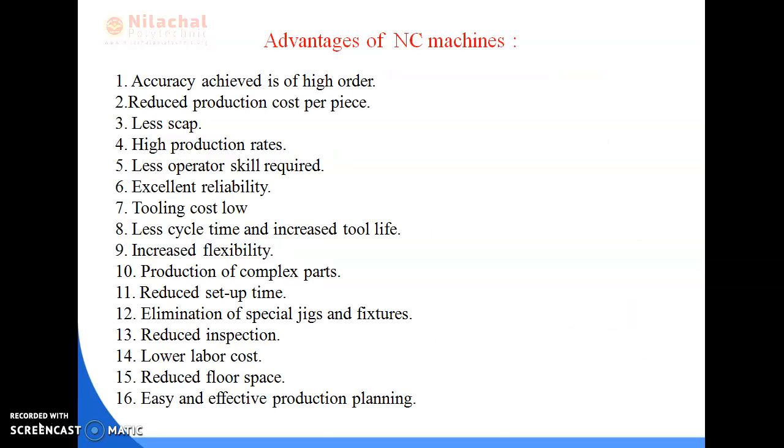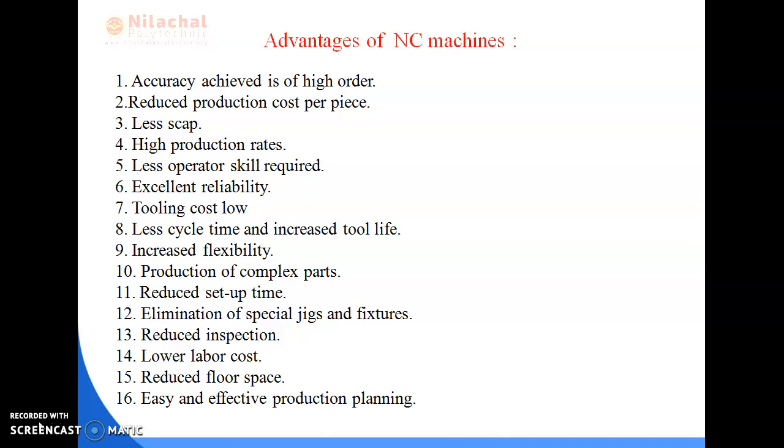Advantages of NC machine. We have several advantages of NC machines, like accuracy achieved is of high order. Means generally compared to manual machining operation, the operation done on an NC machine is quite more accurate. Then reduced production cost per piece.